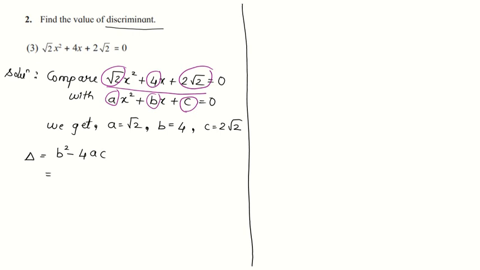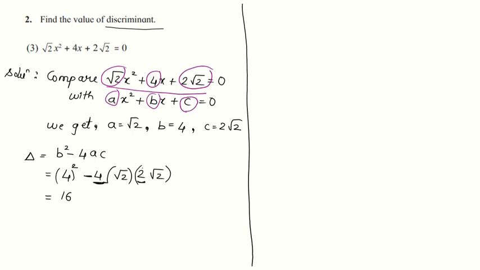So what is b here? b is 4, that is b square is 4 square minus 4 into a is root 2 and c is 2 root 2. Okay, take this in brackets. So here on solving this further, 4 square is 16. Okay, if you see here it is minus 4. Let's take the numbers first, minus 4 and 2 is here.